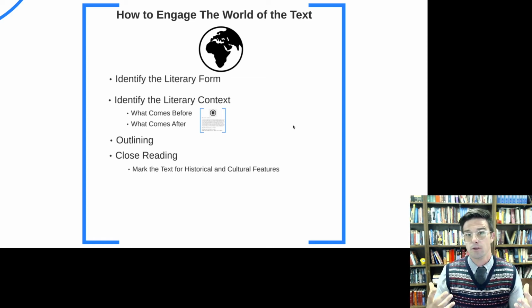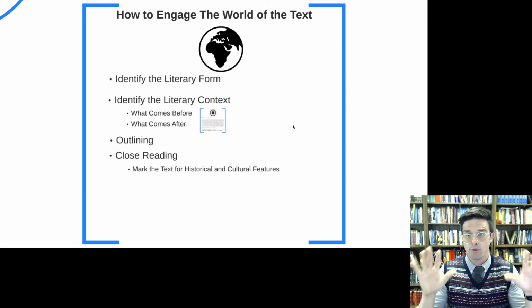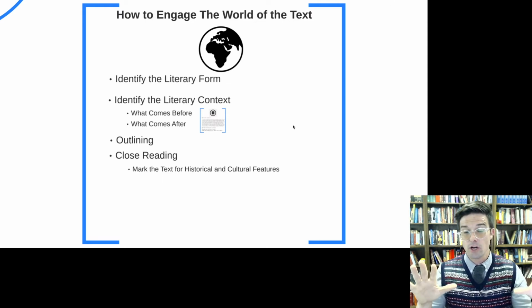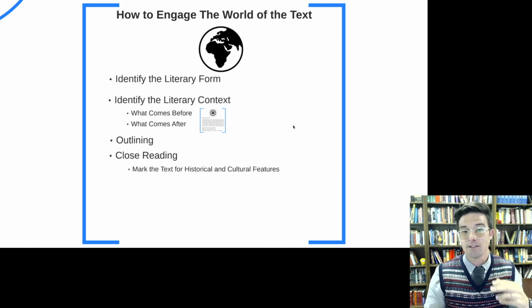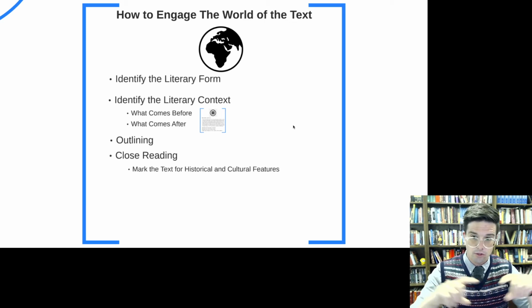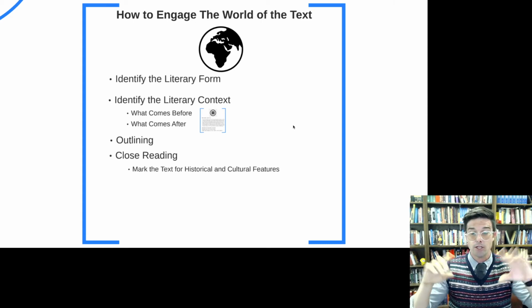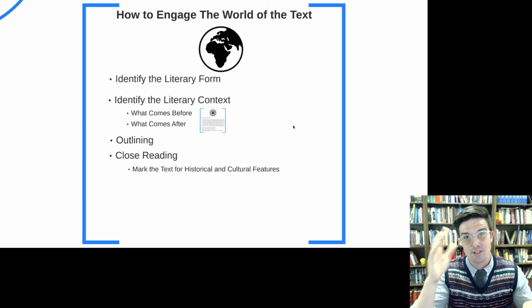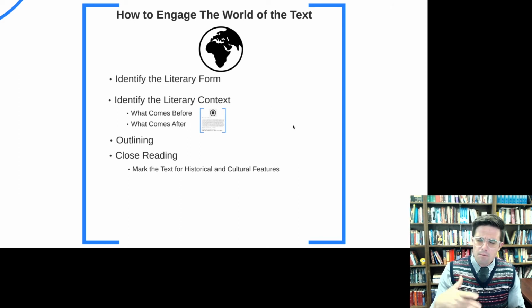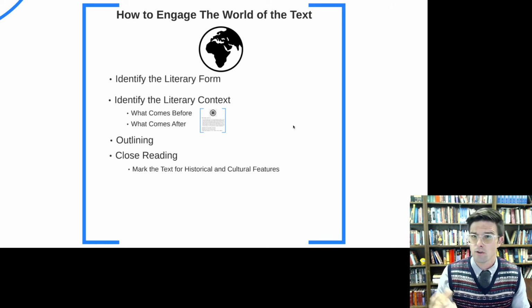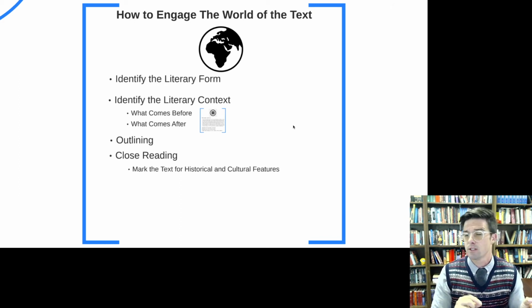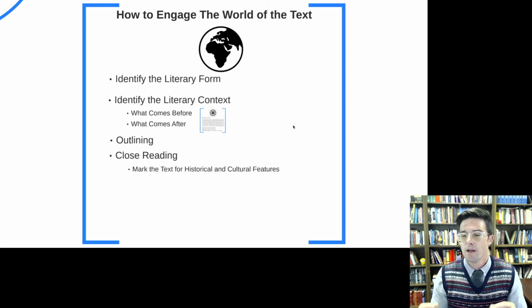One of the things that we do when we engage a close reading, and I suggest always printing out a text when you start doing a close reading and physically marking it, so that you can draw connections and have wide margins so you can draw call outs to your thoughts, is marking the text for historical and cultural features that you notice.